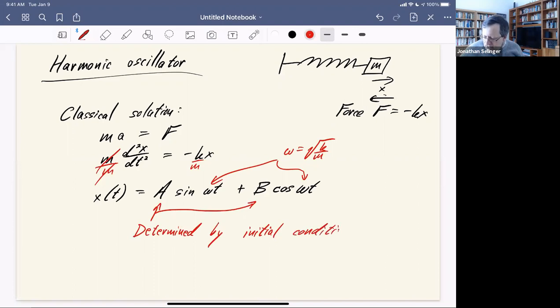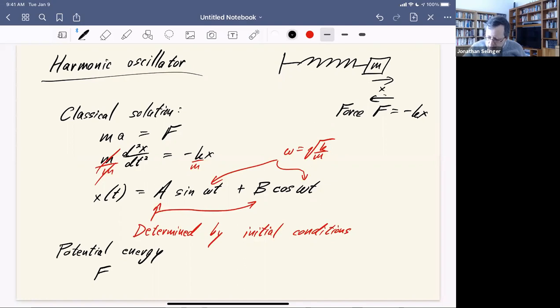So this is one thing that you remember from classical mechanics about the harmonic oscillator. Another thing that I'm sure you remember is the potential energy. The potential energy of the harmonic oscillator is the negative integral of the force.